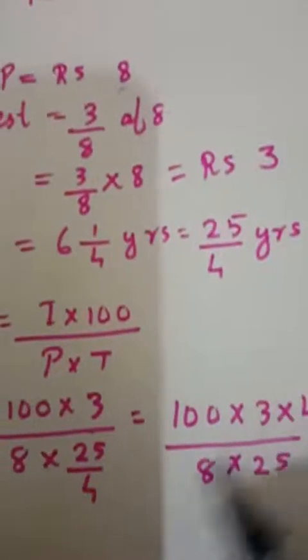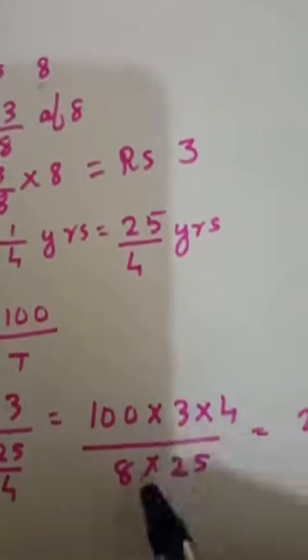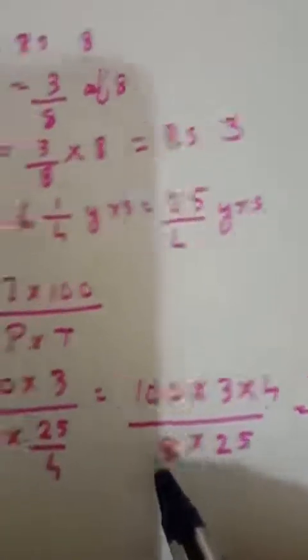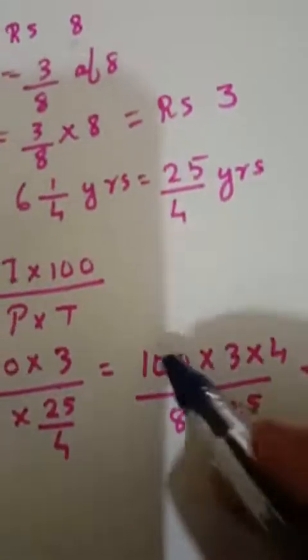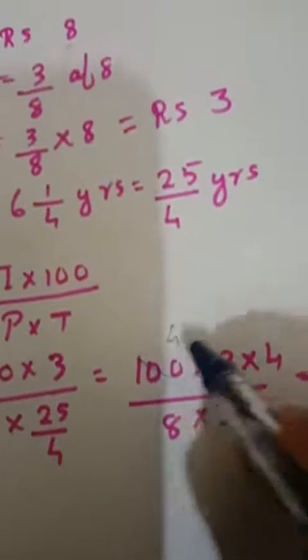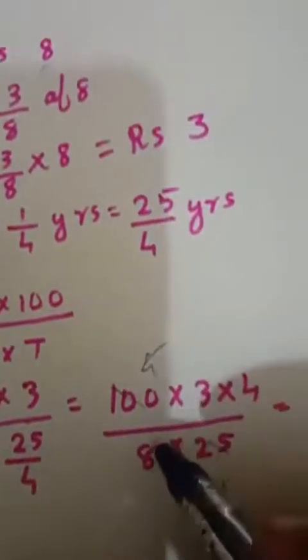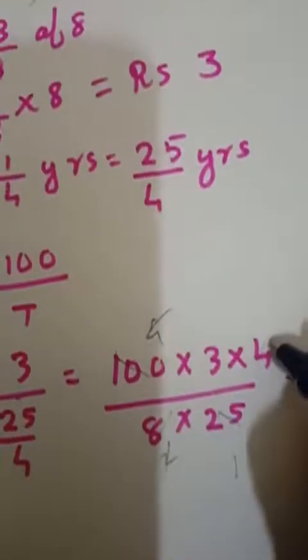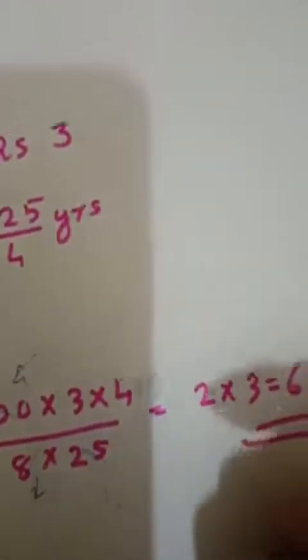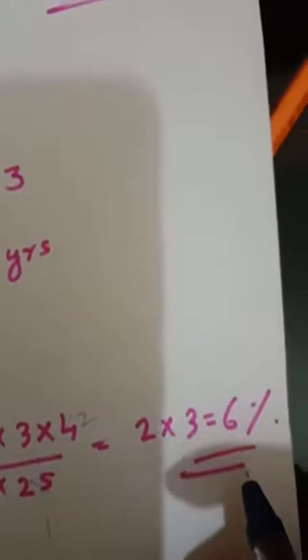So the 4 moves to the numerator: 100 into 3 into 4 by 8 into 25. 100 and 25 gives 4. Now 1 4 is 4, 2 4s are 8. Again 2: 1 2 is 2, 2 2s are 4. So 3 2s are 6%.